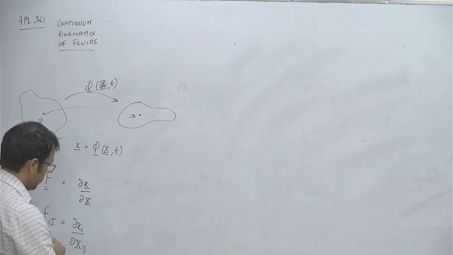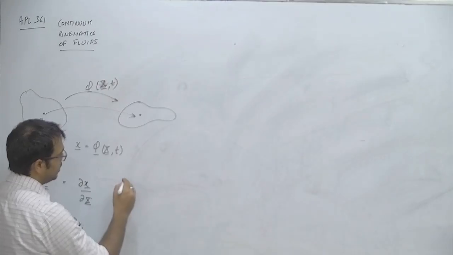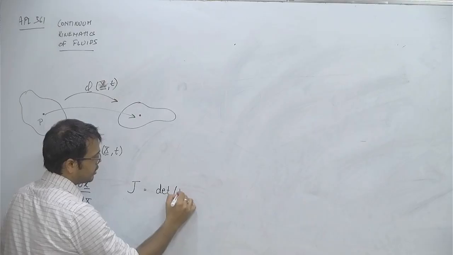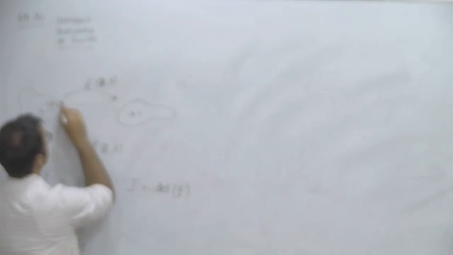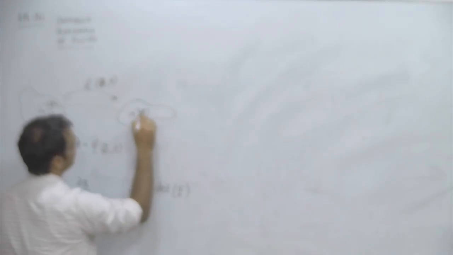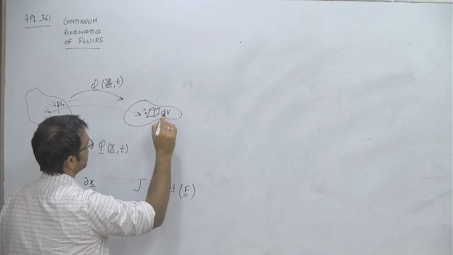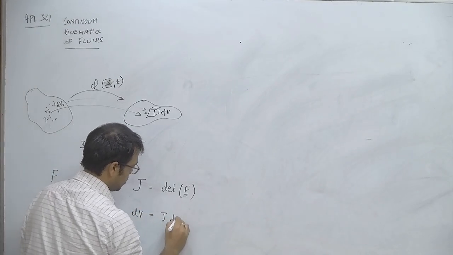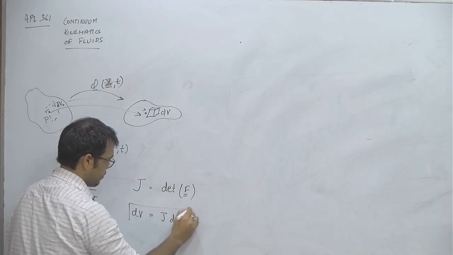Using this deformation gradient tensor, we had defined the Jacobian, which is basically the determinant of this tensor, and we had shown that for a volume dV naught in the reference configuration, the mapped volume, which is let us say dV, then the relation was basically this.